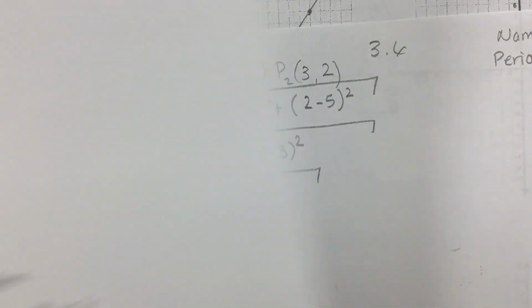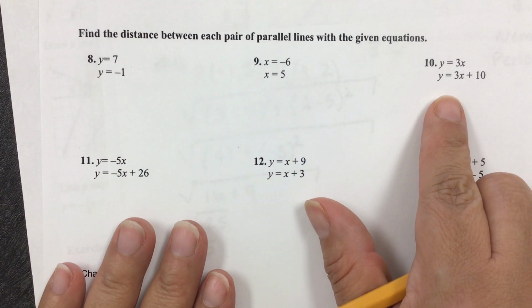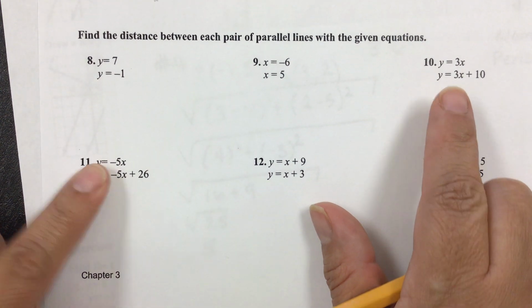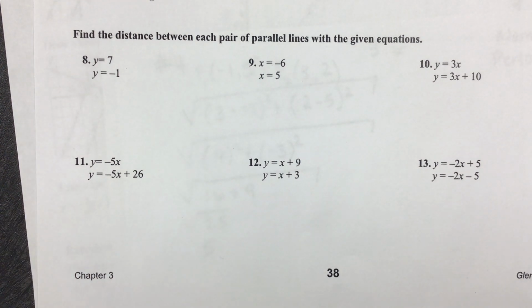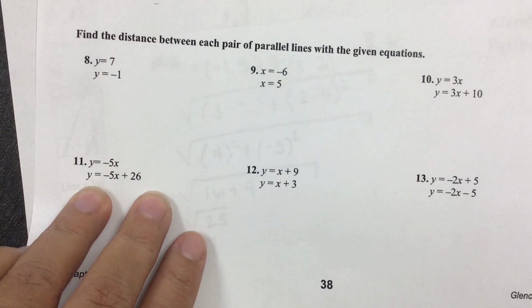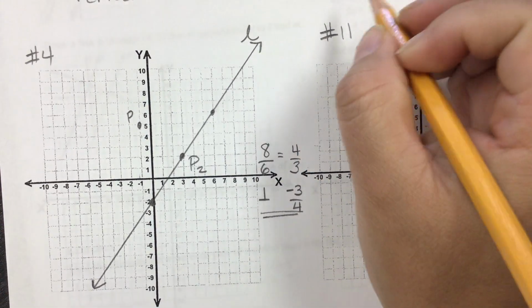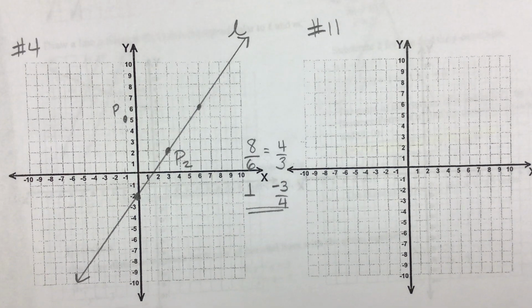Okay. And then the other ones that I want to help you do are problem number 10 and 11. So graph them, remember, and then you will find 2 points and do the distance formula. But let's do number 11. On number 11, I asked you to graph the information first.